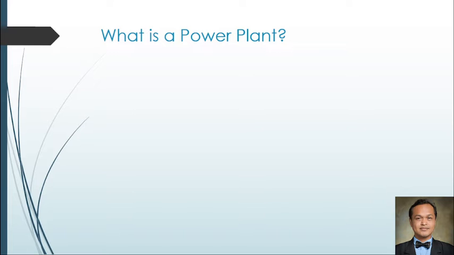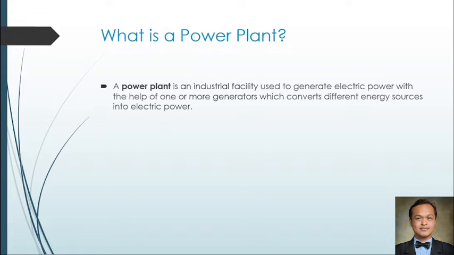Now, what is a power plant? If you search for power plant, according to Wikipedia, it is an industrial facility used to generate electric power with the help of one or more generators, which convert different energy sources into electrical power.